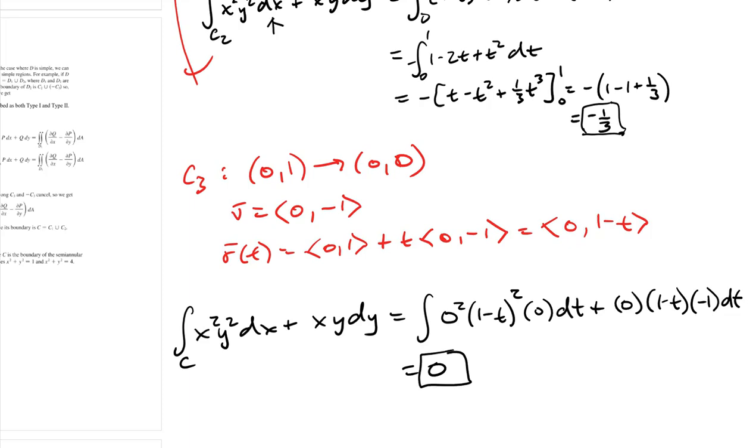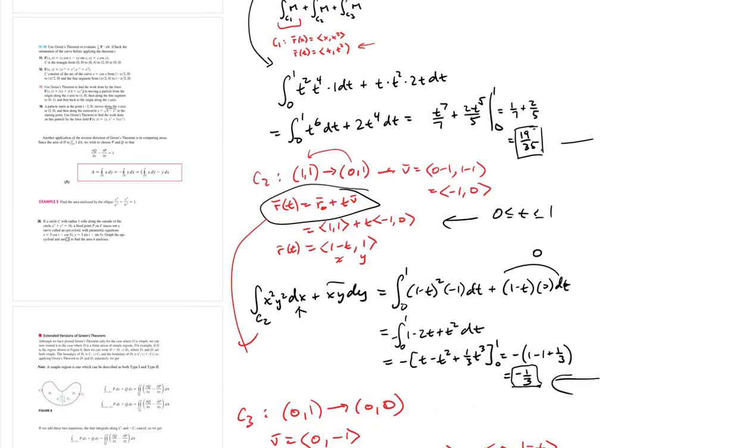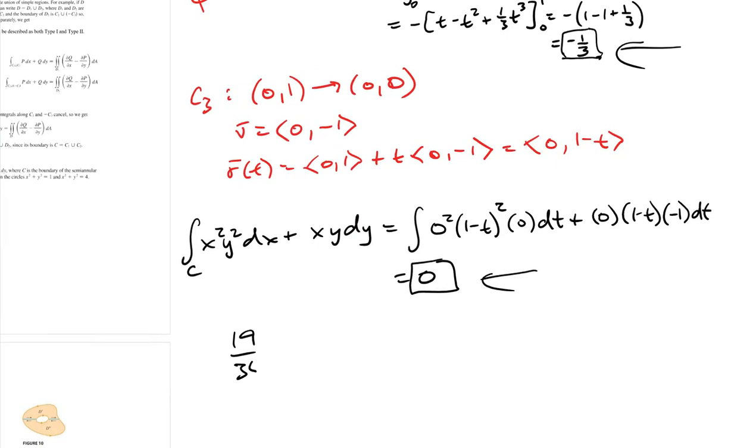So we get negative 1/3, we get 0, and we got 19 over 35. So when you do 19 over 35 minus 1 over 3 plus 0, we get 19 times 3 is 57, I think, right?